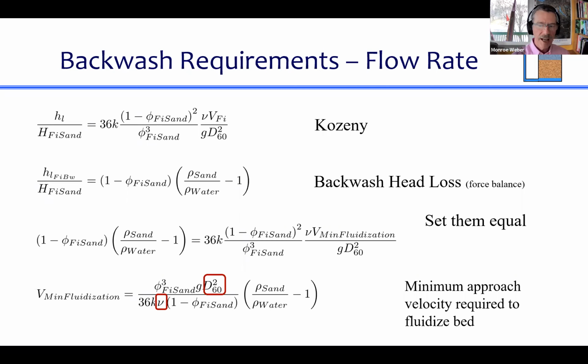In this last equation, I show that there's an effect of kinematic viscosity, and that means there's an effect of temperature. So what does that mean? What happens to the minimum fluidization velocity if it is really hot and the water temperature is high?